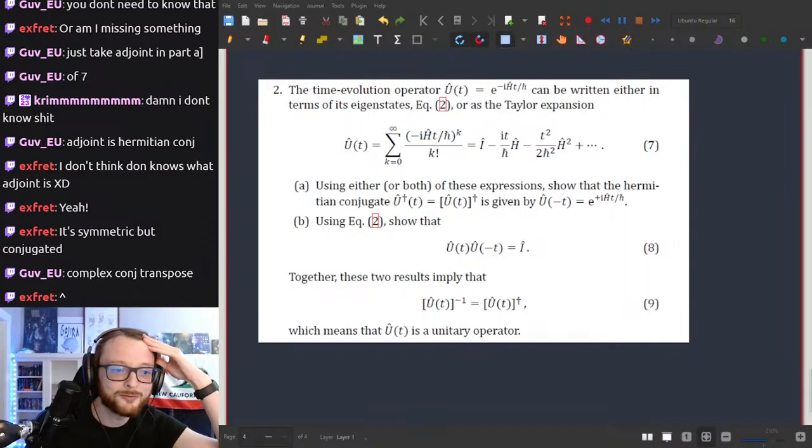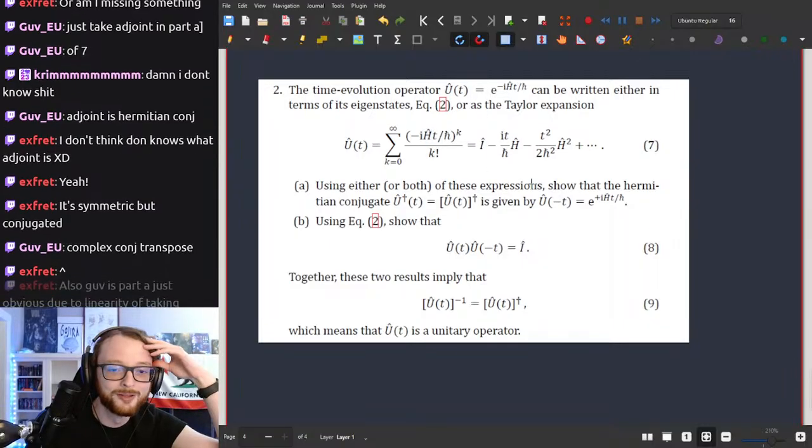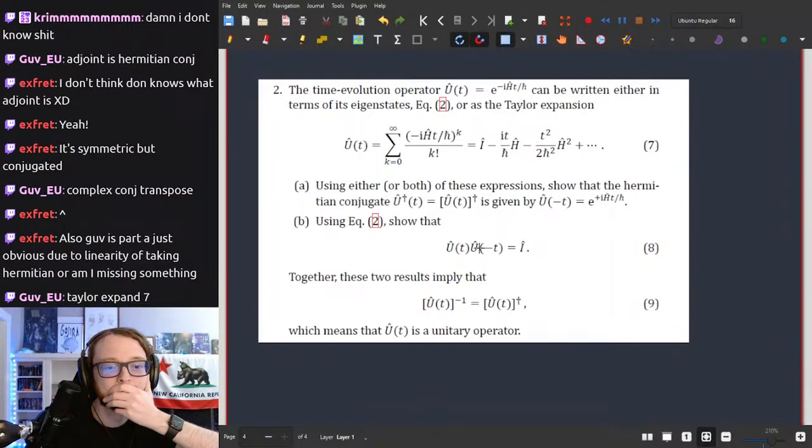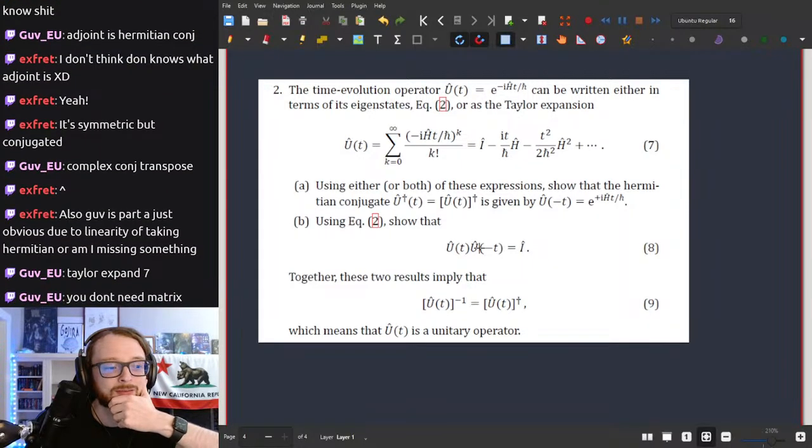But the matrix comes from H hat, right? Because I don't see any matrix to do this with. Taylor expand 7.